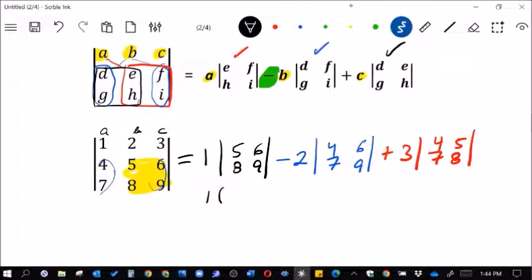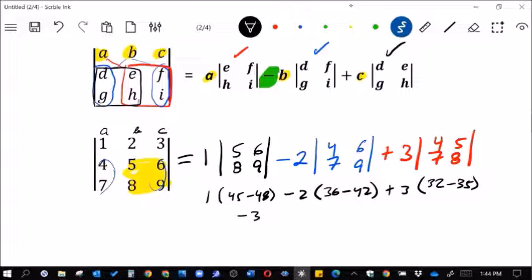And then at this point, we just simply multiply out what these are. That's 1 times 5 times 9 is 45, minus 48, minus 2 times 4 times 9 is 36, minus 42, plus 3, 1 times 6 there. Then we have 32 minus 35. So we have negative 3.